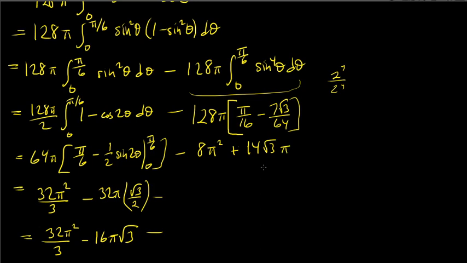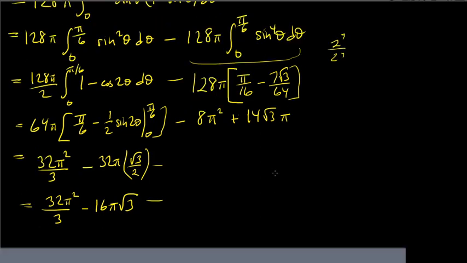Don't forget the pi here. So bringing all this down, 32 minus 24 is 8, so 8 pi squared over 3 minus 2 pi square root of 3.